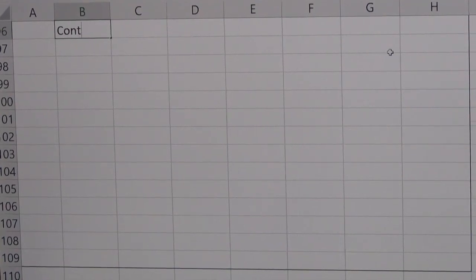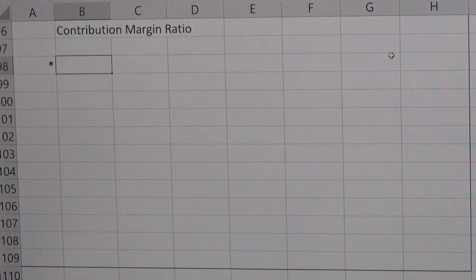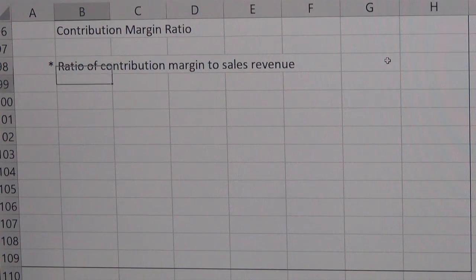Now, not only can we compute our contribution margin per unit, we can also compute what is called the contribution margin ratio. The contribution margin ratio really gives us the ratio of contribution margin to sales revenue.